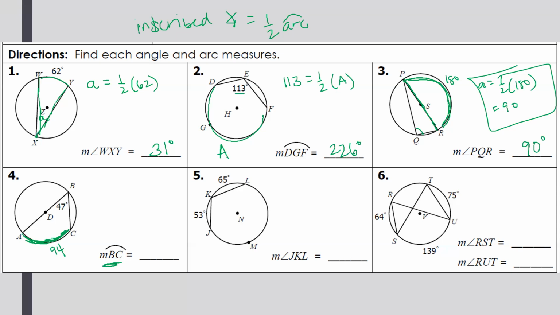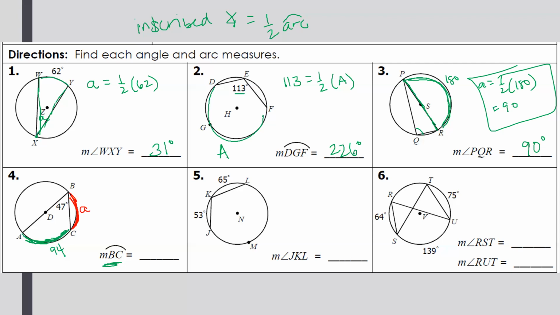So here's the first example where we really have to pay attention to what the question is asking, because arc BC is right here. So how can we find arc BC knowing that this green arc is 94? Well, the red arc and the green arc together are making up half the circle. So I'm going to call that red arc lowercase a. Call it whatever you want.